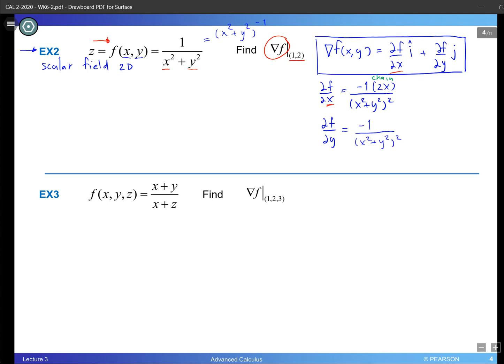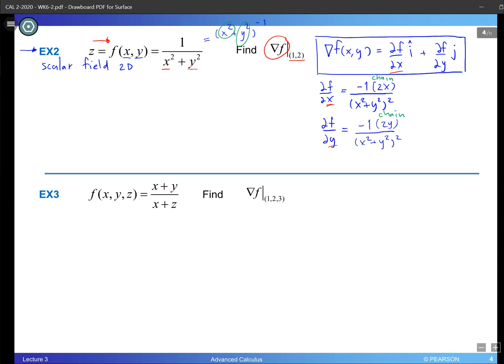And then I apply the chain rule, diff inside. With this one with respect to y, it goes to 0 because x is considered constant in this case, and then I diff this with respect to y, I get 2y from chain rule. Once again, make a note right here, this is chain.